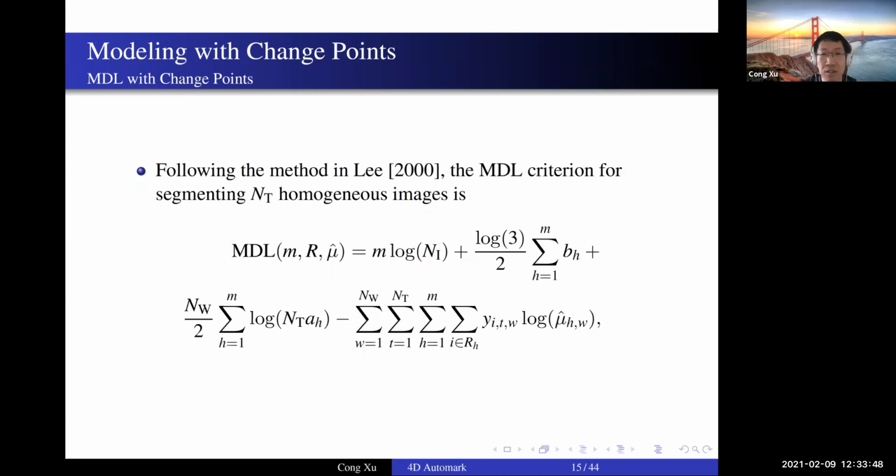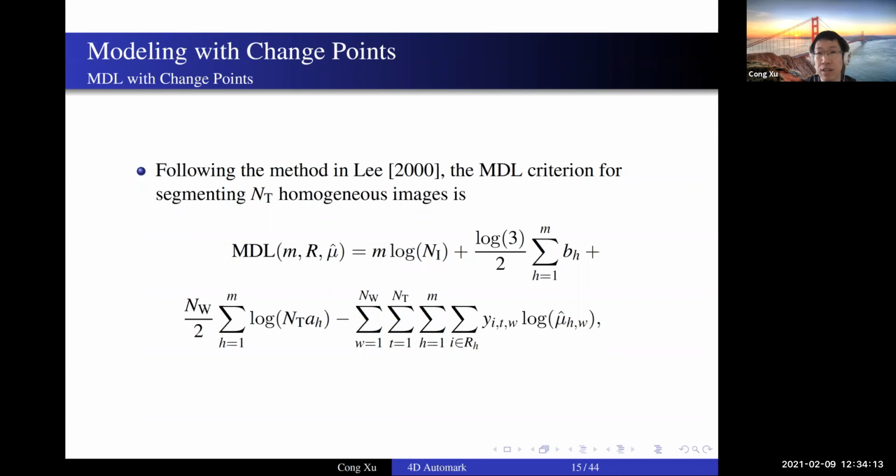Log 3, yeah. So the second term, this part, denotes the code length we need to encode the boundaries for these regions. For example, say we have a region with a given shape.